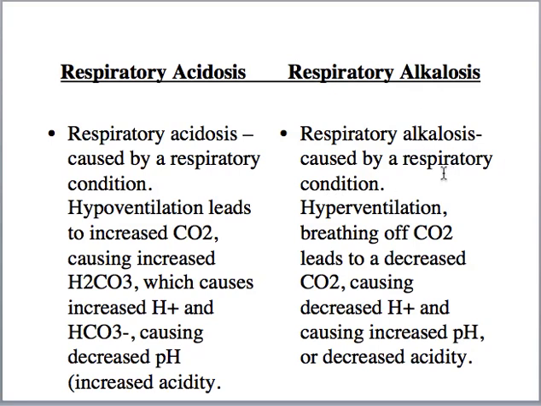In respiratory alkalosis, what sometimes happens is they will have people breathe into a paper bag, and they can rebreathe their CO2. That will help them to then get their pH back to the normal level. Because if you breathe back your CO2, you're going to get your pH back to the level it needs to be.